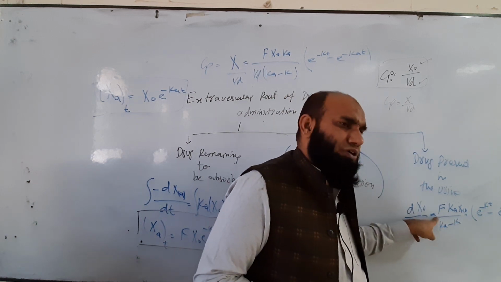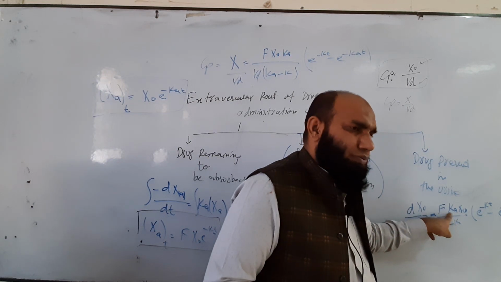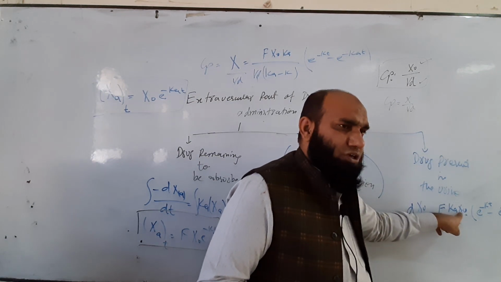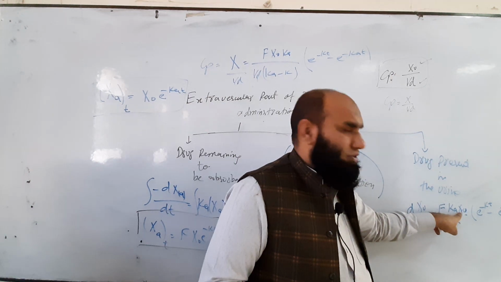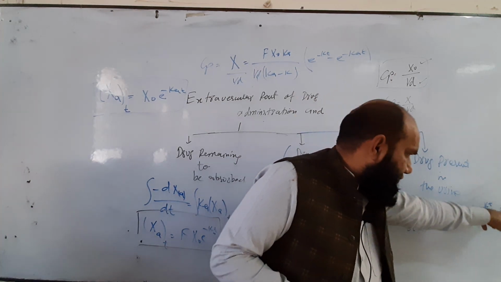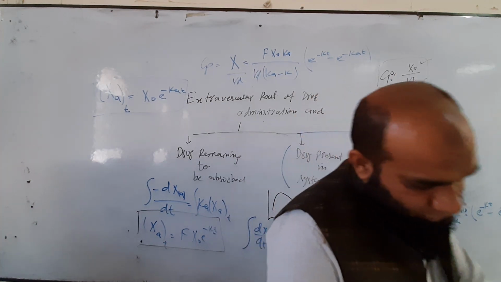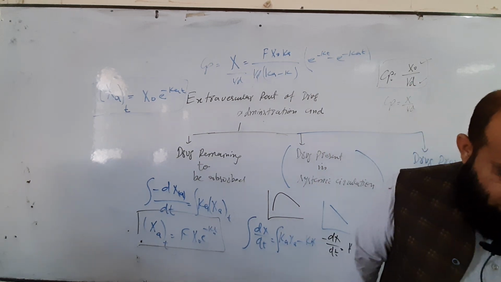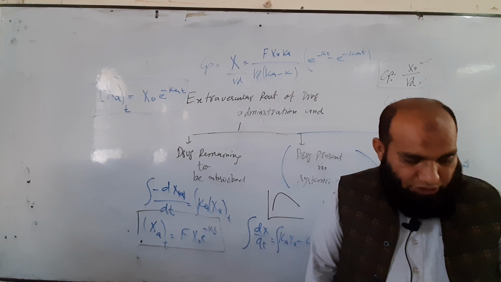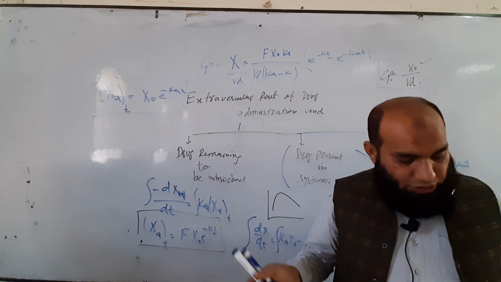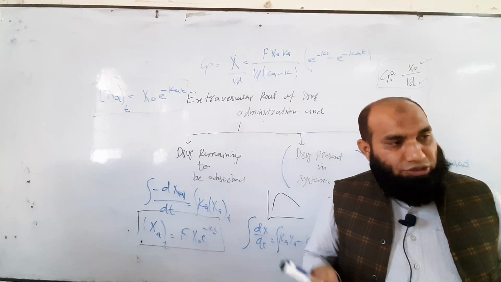F is the fraction of drug which is getting absorbed, Ka is the absorption rate constant, Xu is the amount of drug which is coming into the urine, our cumulative amount of drug which is present in the urine, and then t is the time where we want to calculate. So this equation is giving us the other basic concept of the calculations of the drug amount in the urine.